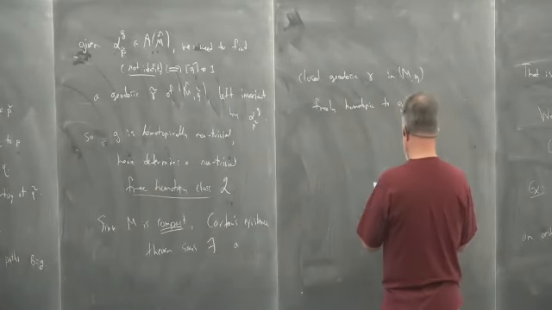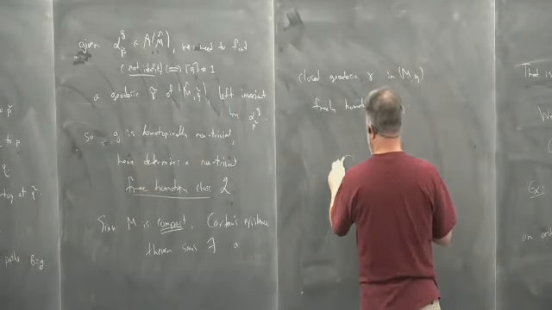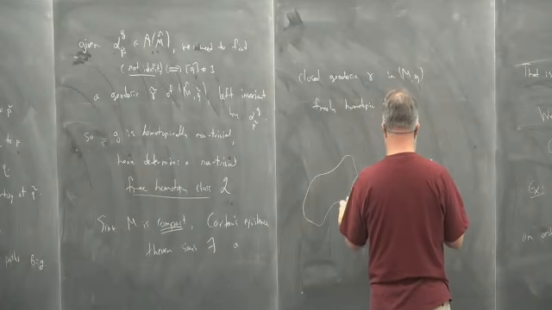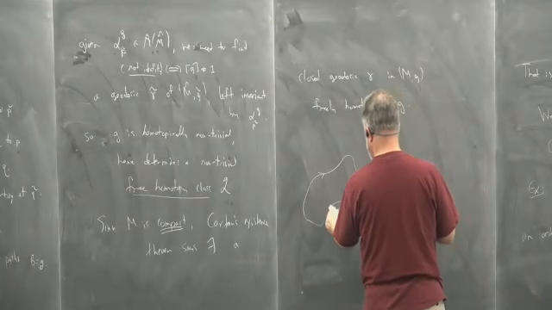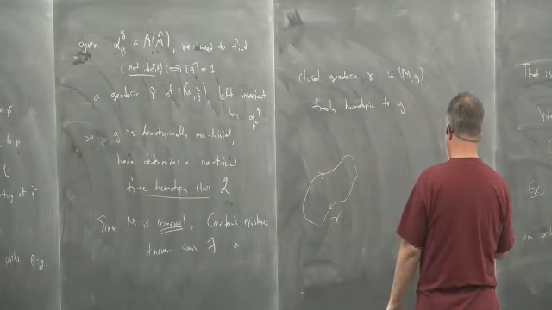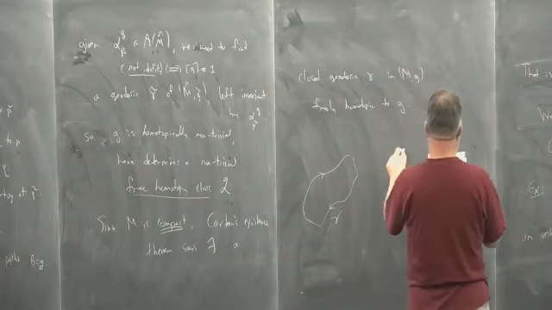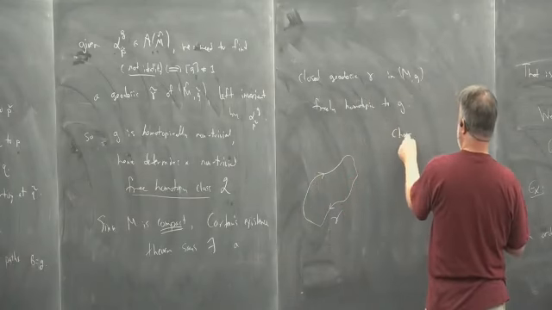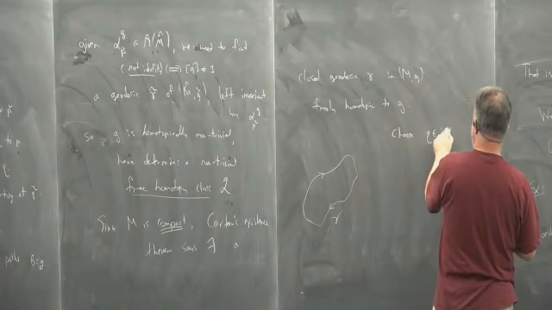Okay, let's draw a picture. This is gamma that's given to us by Cartan's theorem. Let's choose a point Q on the image of gamma.